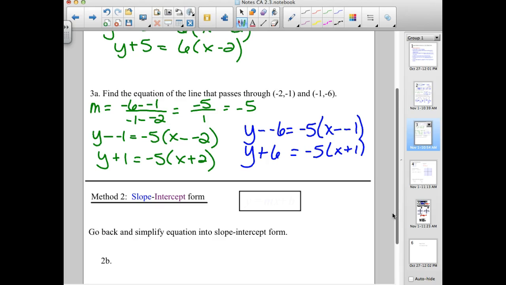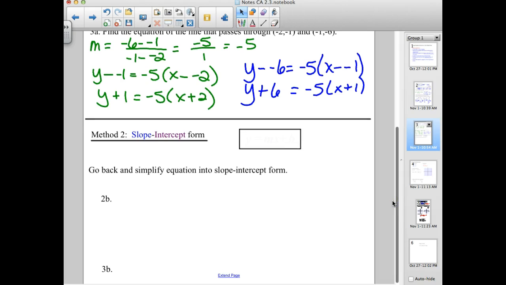Looks like two different lines, okay? But it should be the same line, yes? In point-slope form, depending on which point you use, you're going to get a different looking equation, all right? But again, if it says write it in point-slope form, we would stop there.